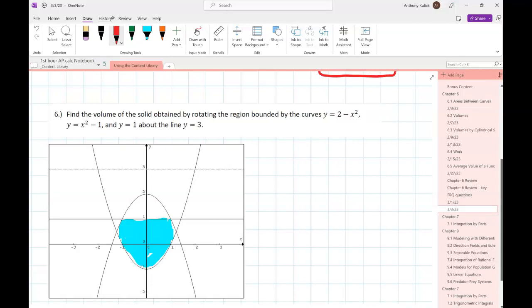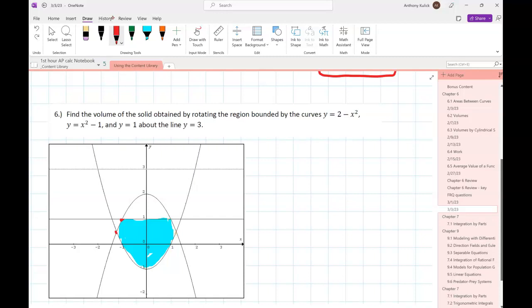Doing it this way really forces you to integrate with respect to y. It will make it massively easier than trying to integrate with respect to x. If you wanted to integrate with respect to x, how many integrals would you need? 3, right? You'd need one from here to here, one from there to there, and then one from there to there, which stinks.